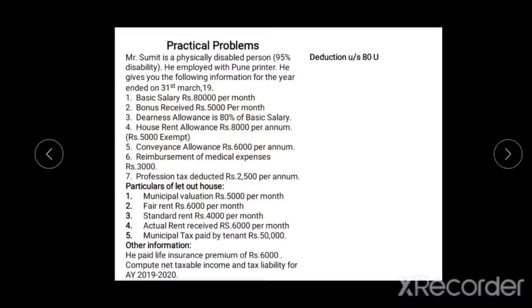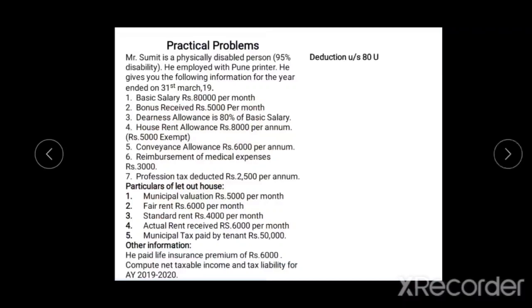It means he is a private employee, not a government employee. If the individual is a private employee, the income tax rule will be different, and if the individual is a government employee, the income tax rule will be different. So in this sum, Mr. Sumit is a private employee.